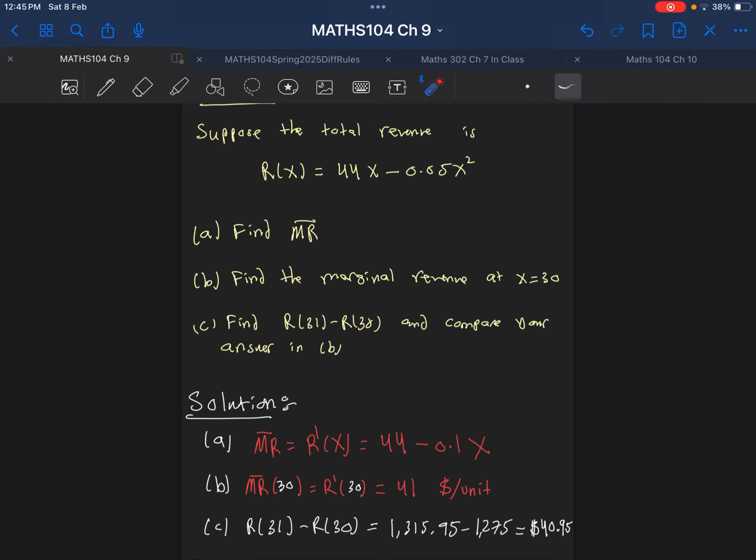That's what we get. Now, 40.95 is the exact increase, which is almost 41, as our prediction or estimation from the marginal derivative.